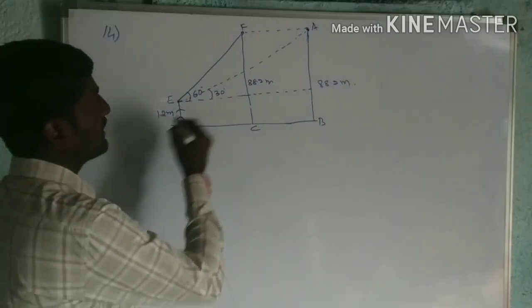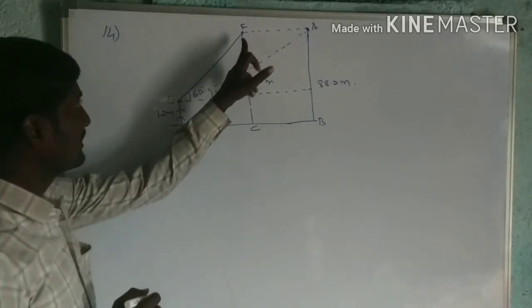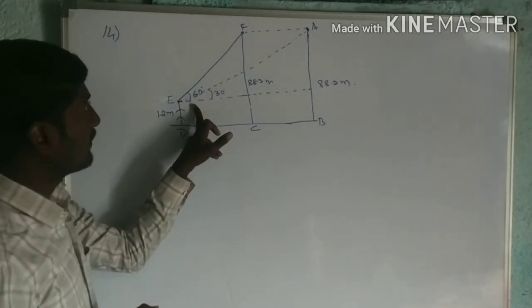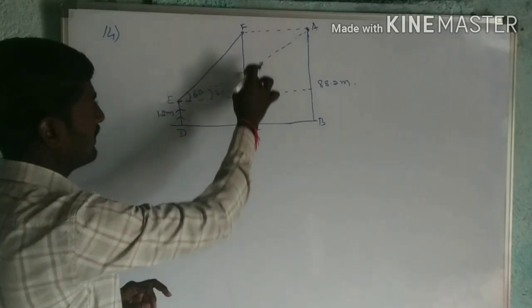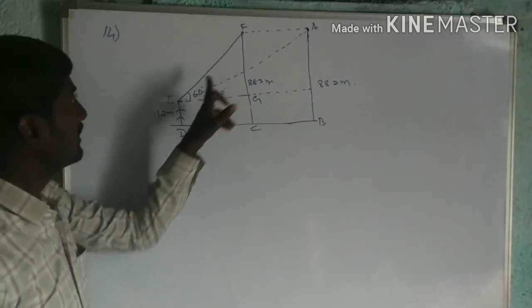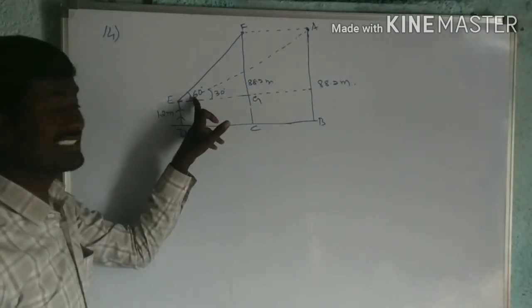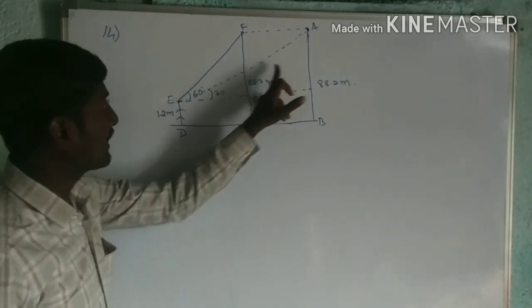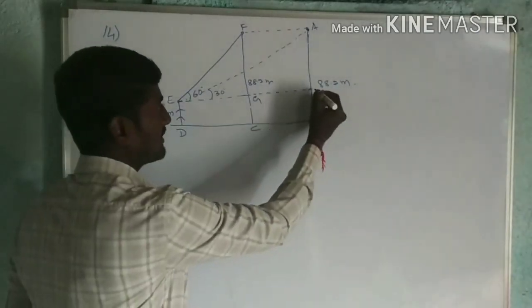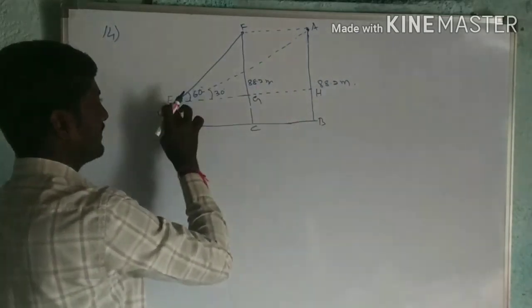Now the required triangles: for 60 degree, E, F, G. The right angle triangle is F, G, E for angle 60 degree. Then for angle 30 degree, I will take this as H. For angle 30 degree, A, H, E.